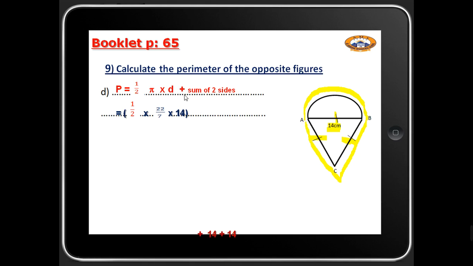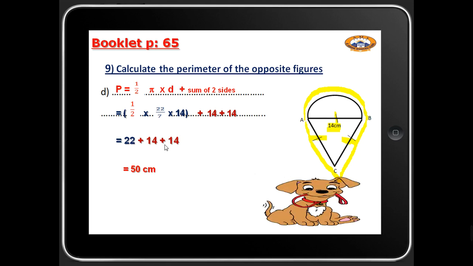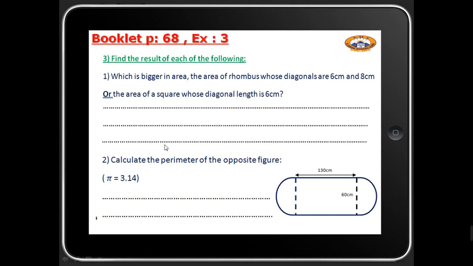I'm going to add to this the sum of the other two sides, 14 plus 14. So this will give me 22 plus 14 plus 14. Then the total is going to be 50 centimeters.